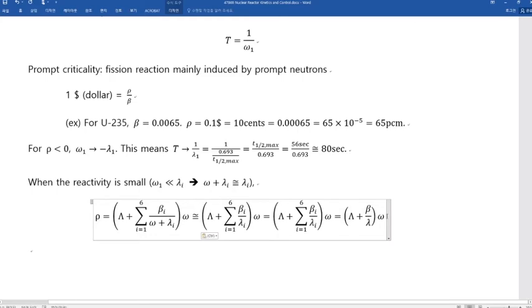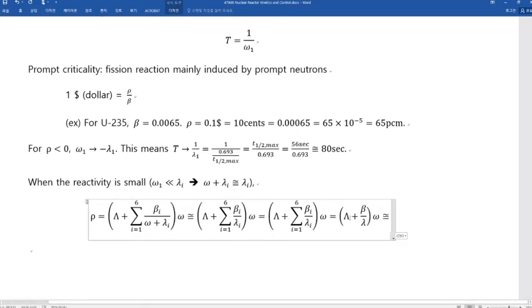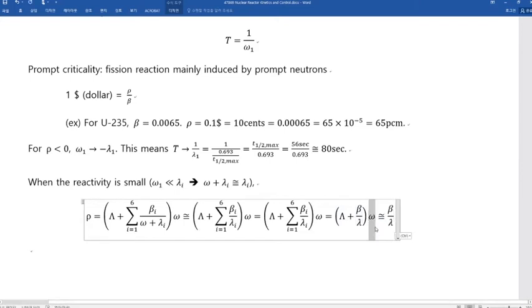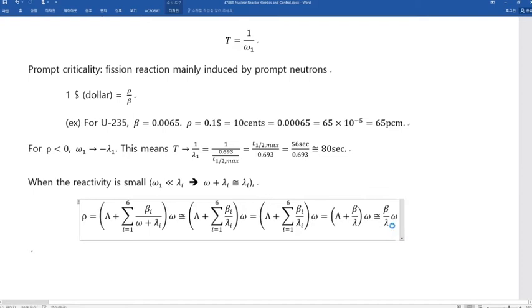It is approximated that this can be ignored compared to beta over lambda. Or we can say that prompt generation time plus beta over lambda can be approximated as beta over lambda. And we are going to multiply omega here.